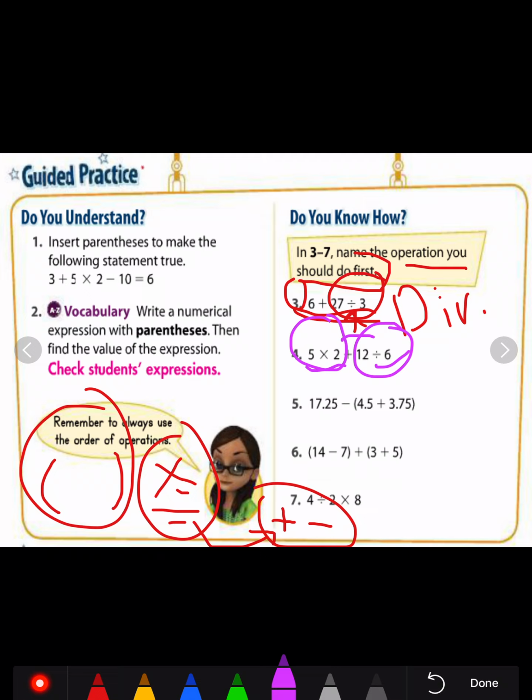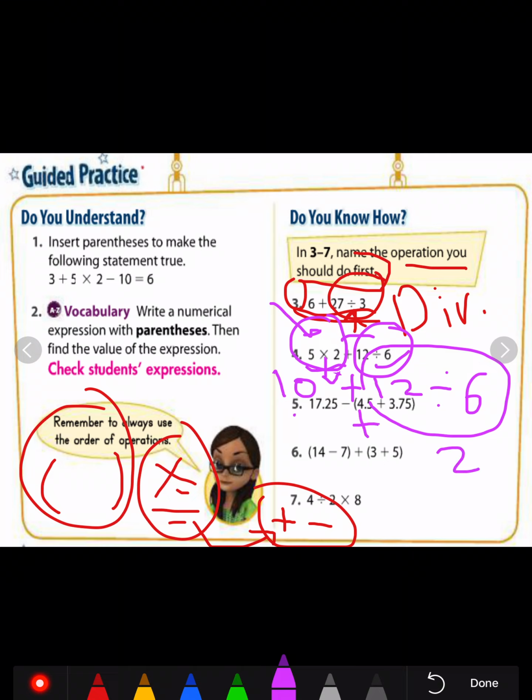Of course, we start with multiplication because it is on the left. So first, multiply 5 by 2 equals 10. Then plus, then 12 divided by 6. Now I am left with division and addition, but division is stronger than addition, so 12 divided by 6 equals 2. Now we have 10 plus 2 equals 12.